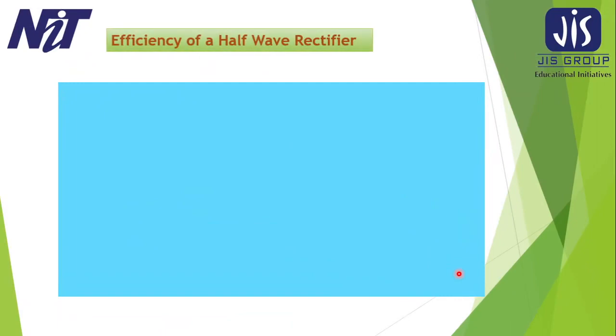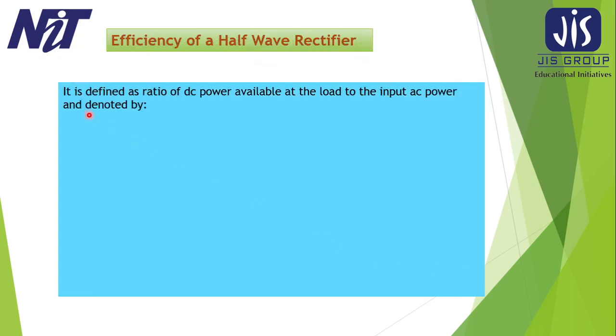Now see another property called efficiency. This is a property again related to the quality. It is related to the power efficiency. It is defined as a ratio of DC power available at the load to the input AC power. That means how much power you consume at the input of the rectifier, and how much power it will deliver to your load.